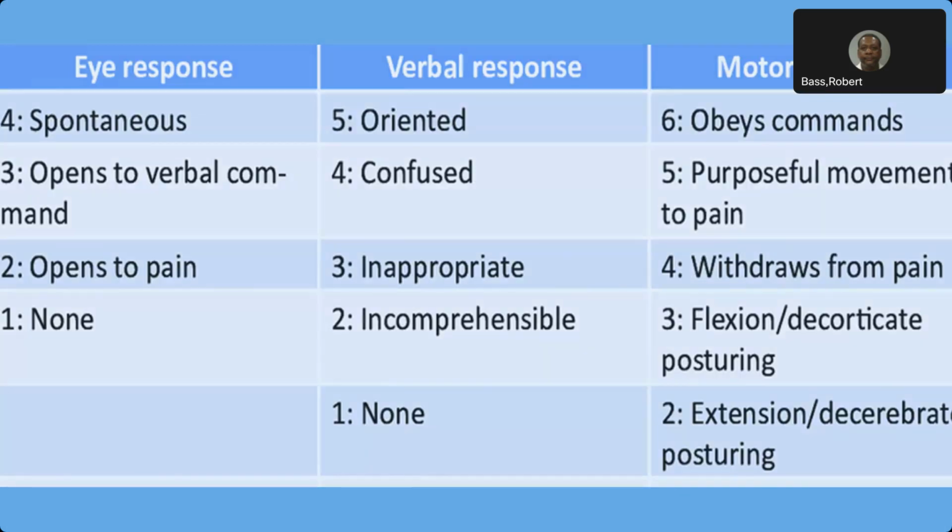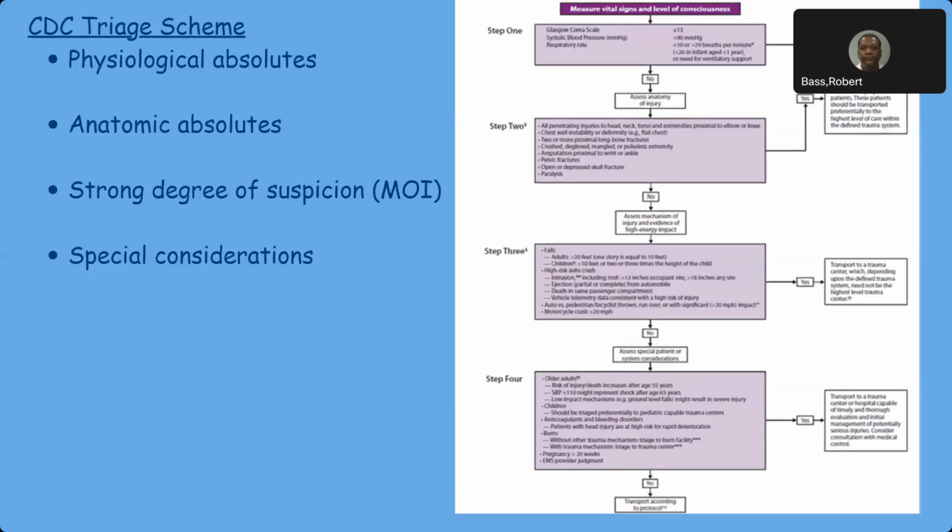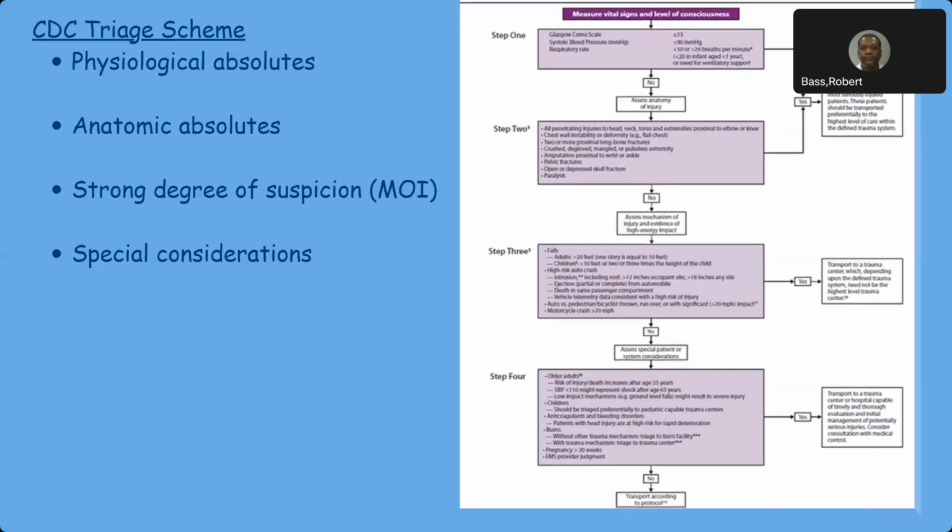Now, we figured out in our primary assessment that this patient was unstable. Not only did we categorize this patient as unstable, but this patient meets the criteria to be transported to either a level 1 or level 2 trauma center. Once again, this is important information that needs to be passed on, especially if we are in rural areas and dealing with a non-trauma-leveled hospital.